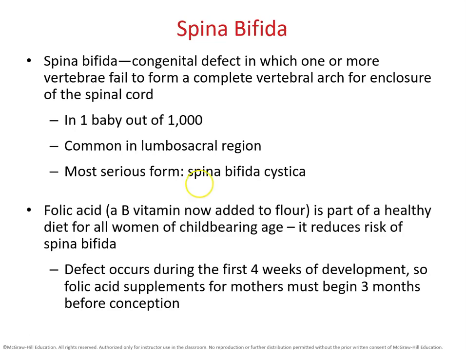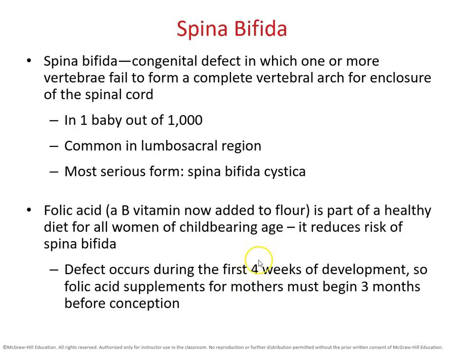So typically this happens in the lumbosacral region, where the L vertebra and the S vertebra are found. It's caused by deficiency in folic acid, which is a B vitamin, in women during pregnancy. One of the things that's interesting is that this closure of the vertebral arch around the spinal cord happens very, very early in gestation, often before the mother even realizes she's pregnant.